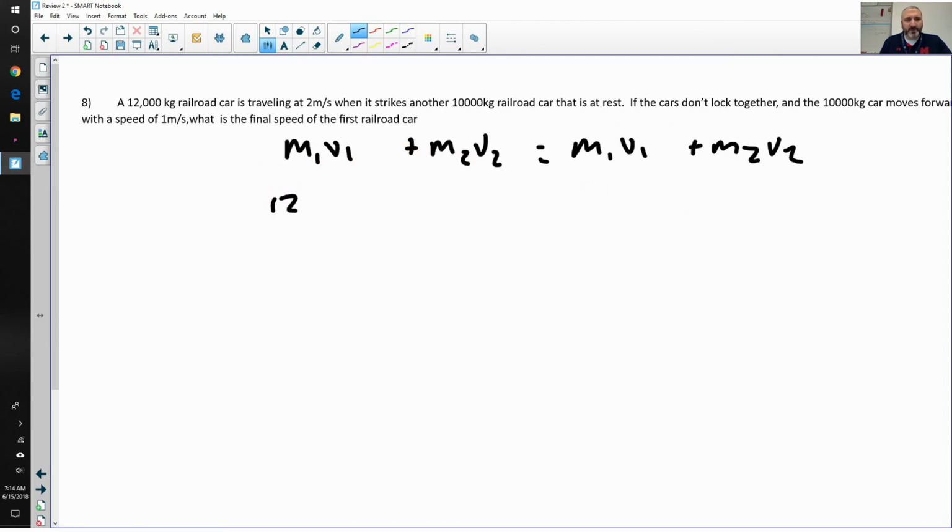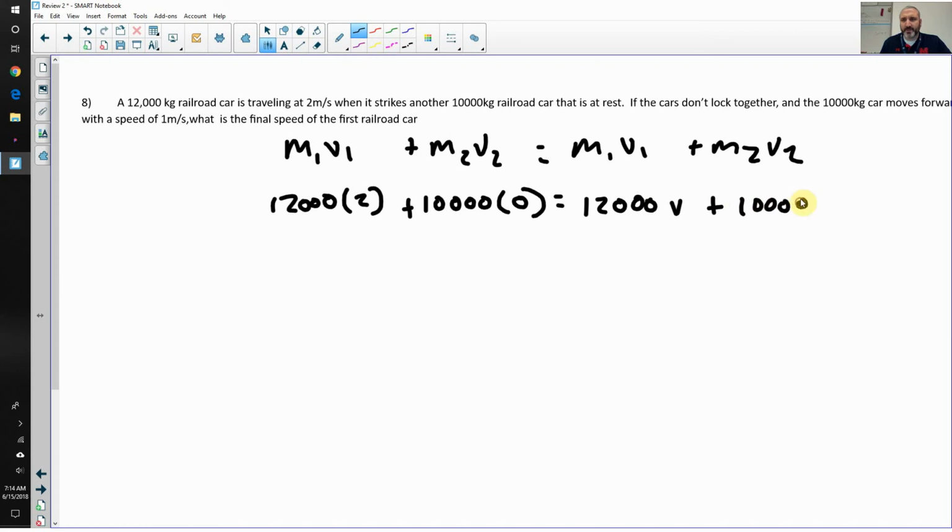So we've got a 12,000 kilogram car times 2 meters per second plus a 10,000 kilogram car not moving, equaling a 12,000 kilogram car moving plus a 10,000 kilogram car moving at 1. All I'm doing is taking these words and plugging them into the equation. We're looking for the velocity of the 12,000 kilogram car. So 24,000 kilograms, and that goes to 0, equals 12,000 V plus 10,000.